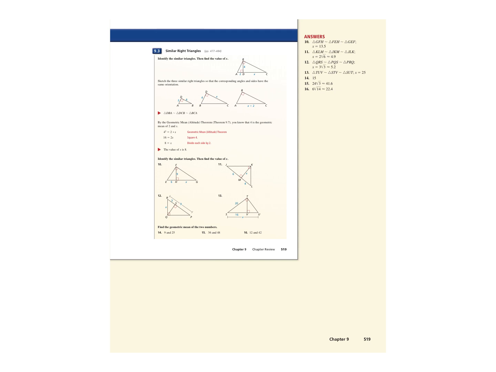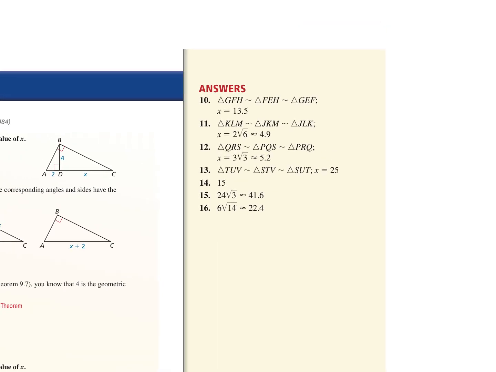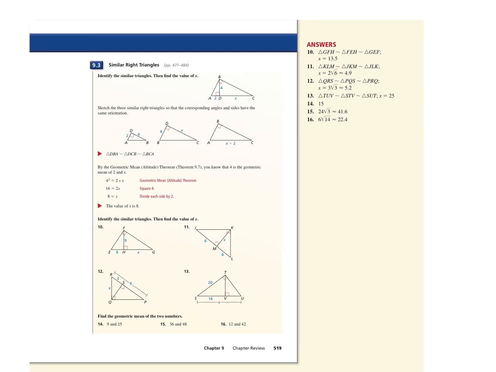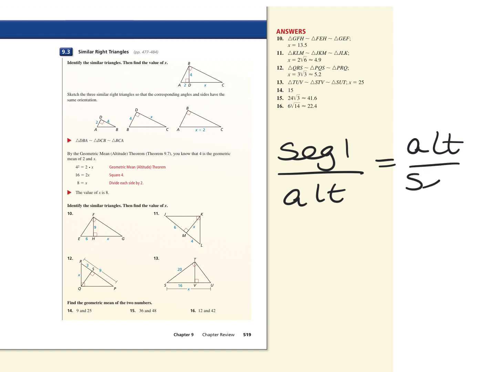9-3, this is where we learned about geometric mean. And again, you have these answers. It's in the assignment. But again, I'm going to post this video. So for this one, we learned 2 proportions. We learned the first one, which was segment 1 over altitude, altitude over segment 2.